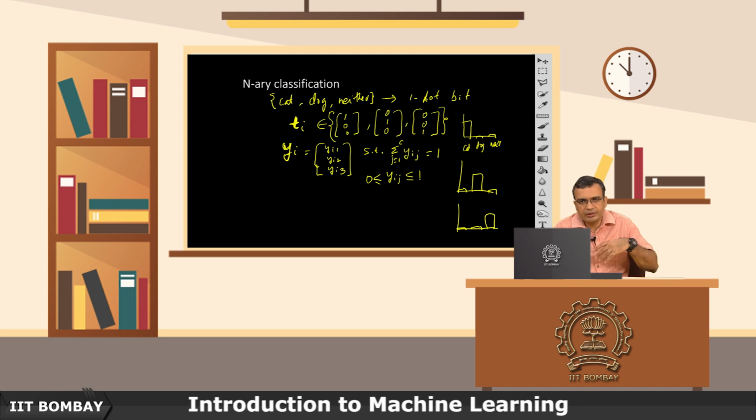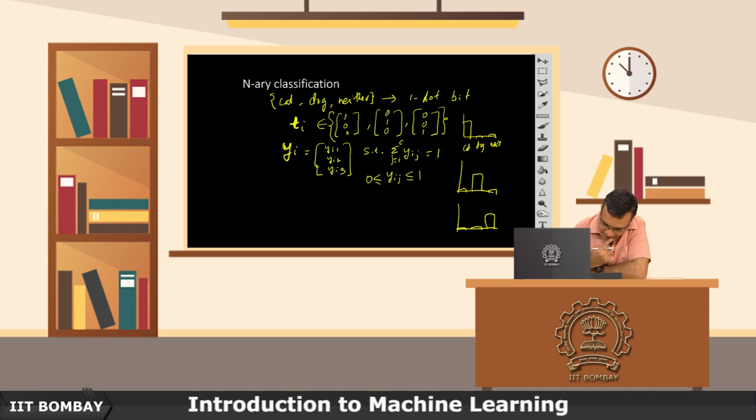Now we want to bring these two closer. So what we will do is we will try to minimize the cross entropy between these two terms. Now where does this yi come from? It comes from a generalization of the sigmoid function, which is called the softmax function.